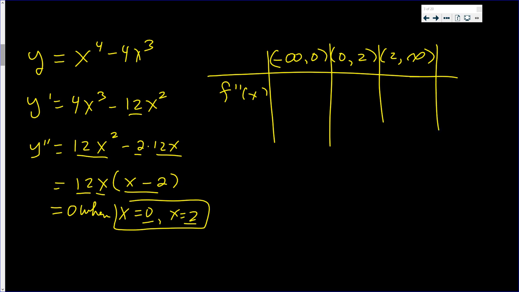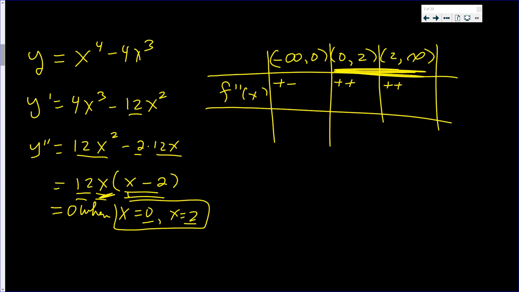The second derivative is a product of three factors. The first factor is always positive. X is only positive when x is positive, which is the last two regions, and it's negative in the first. And x minus 2 is only positive if x is more than 2, which is only the last region. So the other two are negative.